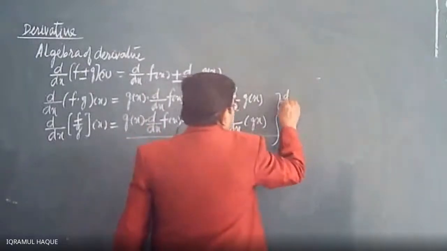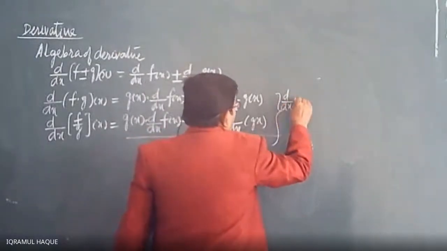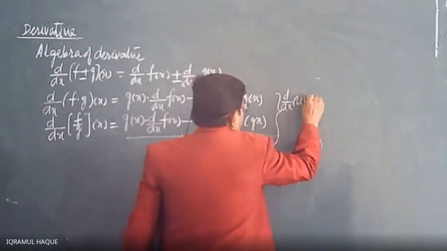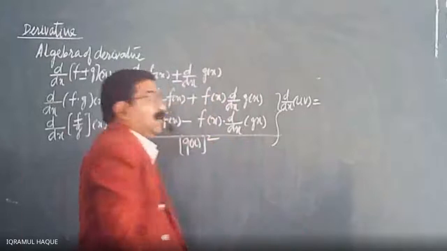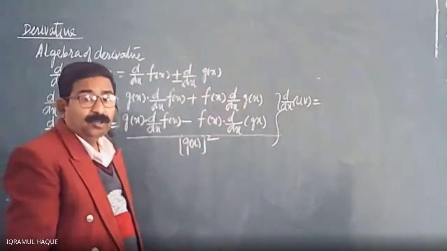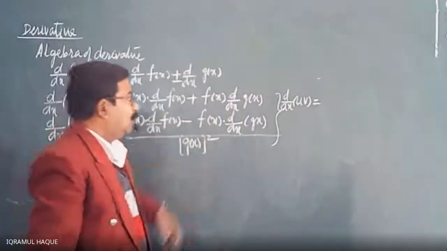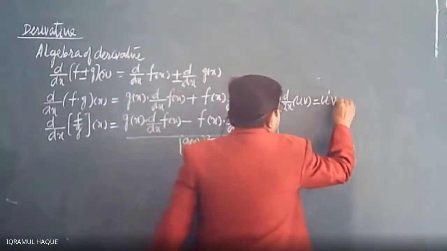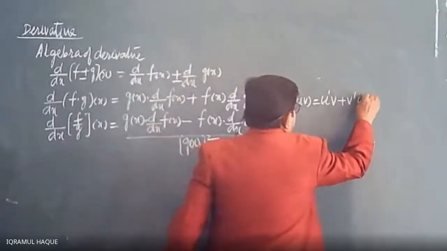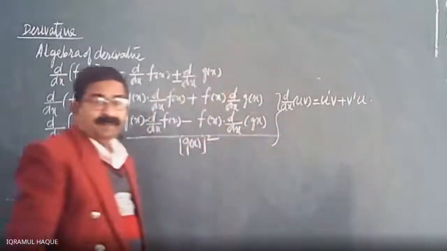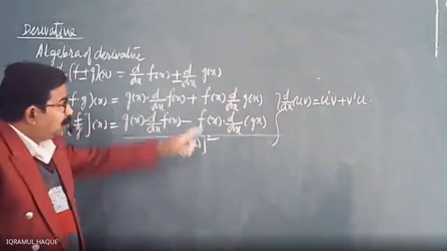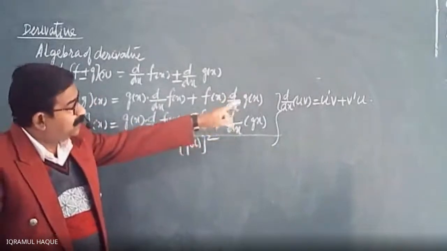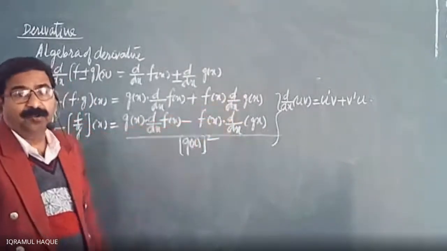In short, these two rules are written like this. Suppose d of dx of uv, it is called the uv product rule. We can write u dash v plus v dash u. Dash means derivative. So derivative of first function into second plus derivative of second function into first.